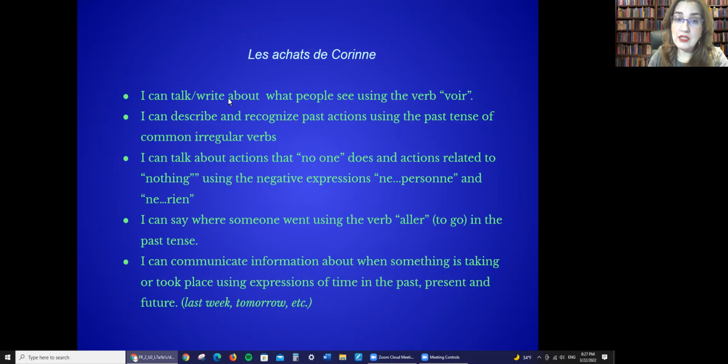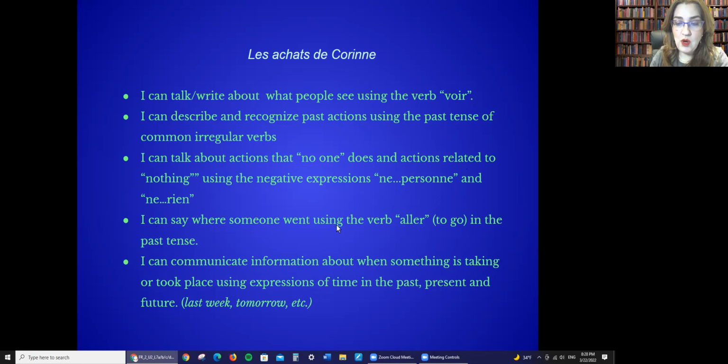I can talk and write about what people see using the verb voir. I can describe and recognize past actions using the past tense of common irregular verbs. I can talk about actions that no one does and actions related to nothing using the negative expressions ne personne and ne rien.